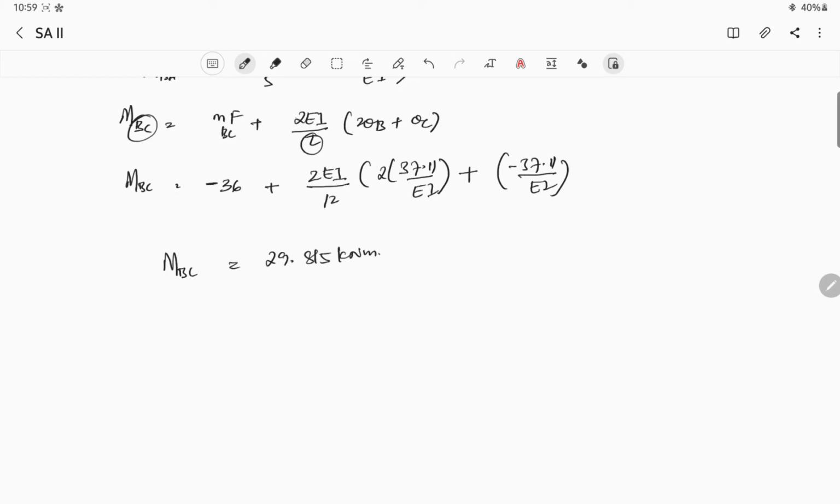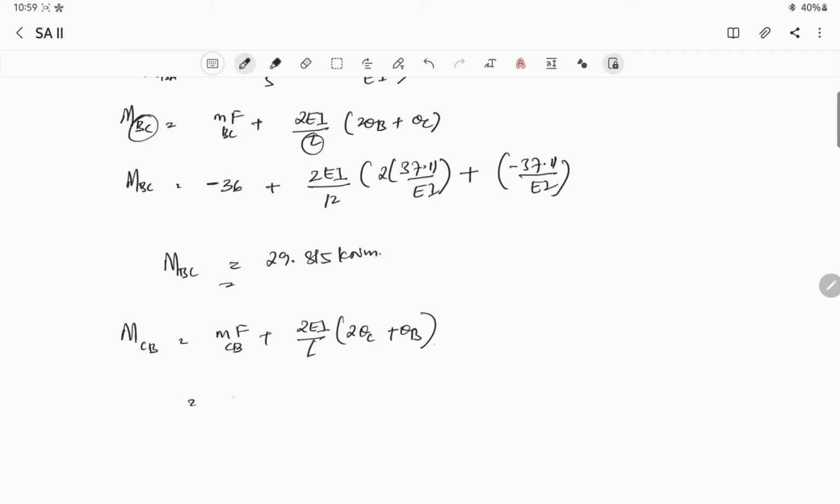29.815 kilonewton meter. Similarly, if you calculate MCB, MFCB plus 2EI by L into 2 theta C plus theta B. Okay, so substitute these values.